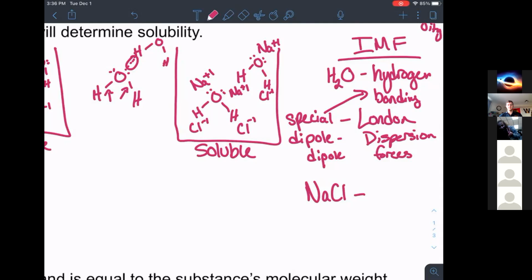Anybody have a guess? It's the same as one of the intermolecular forces in water. London dispersion forces.